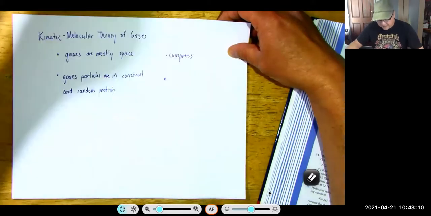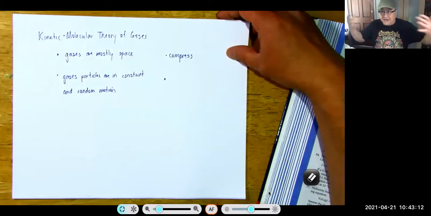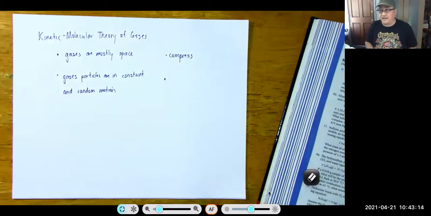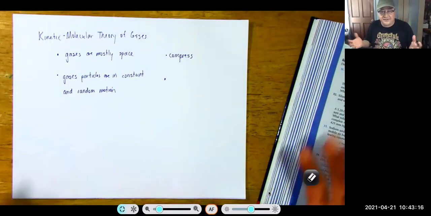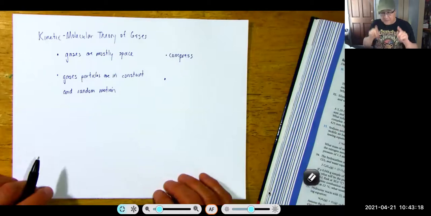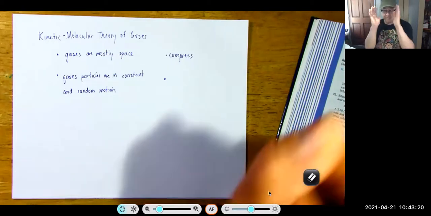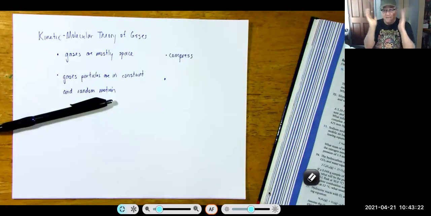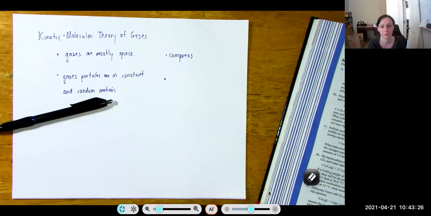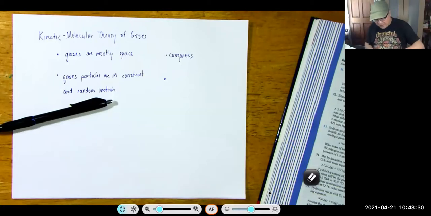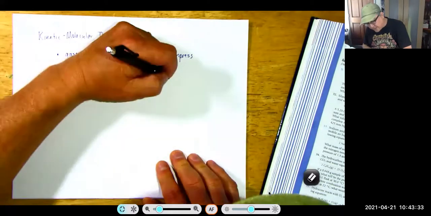So what does that mean about gases when we think about it in a worldly sense? Well, it means that if the particles are always moving around and you have them in a box, when you open that box, what happens? They go out. They go out, they spread, right? So I'm going to say gases spread.